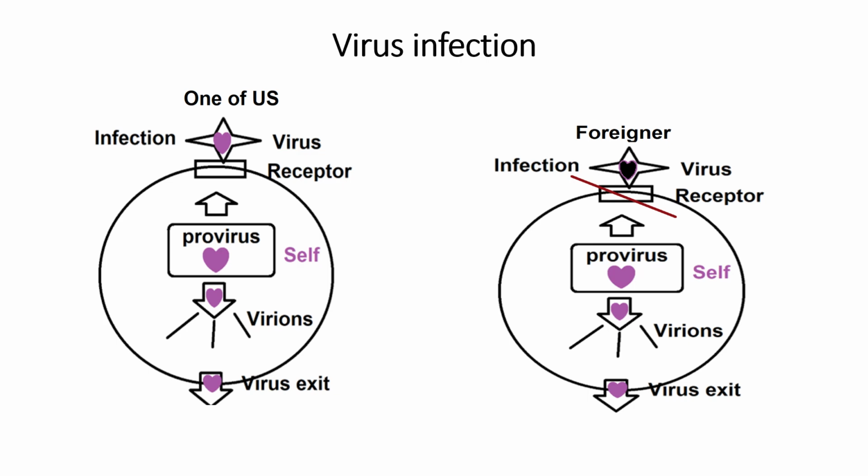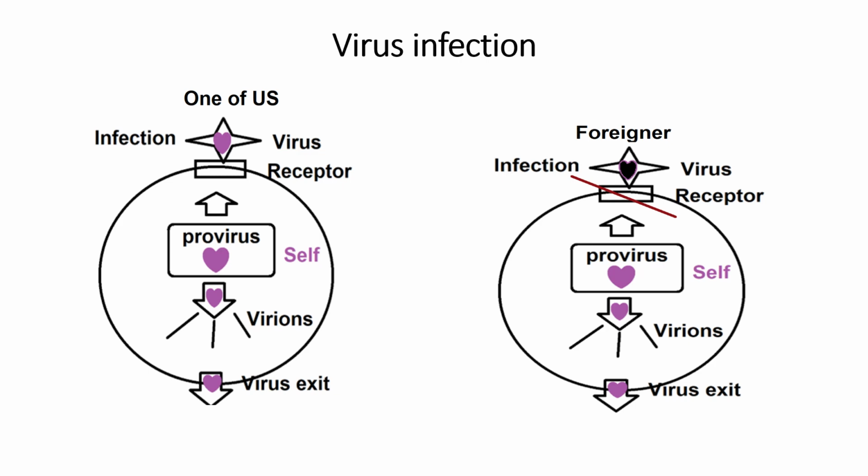And so we have this relationship, and since the virus carries the same self, the virus is attached and it enters the cell, and the virus triggers the formation of provirus or prophage, etc.